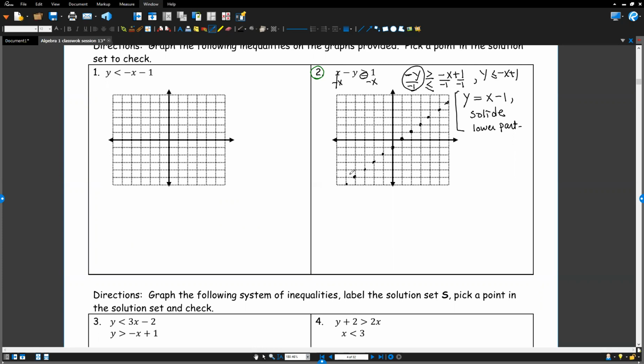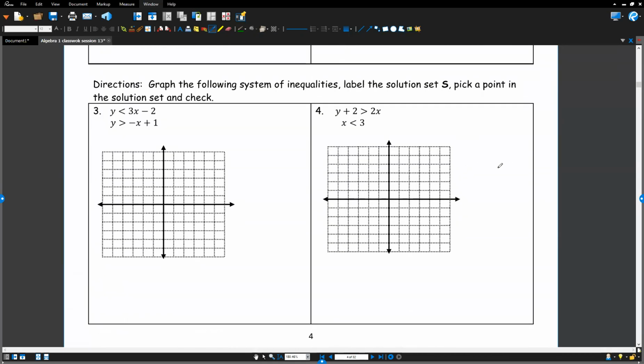The line is solid, make the line. After that, check it out, lower part. So the solution set is over here. That is the solution set. Excellent.